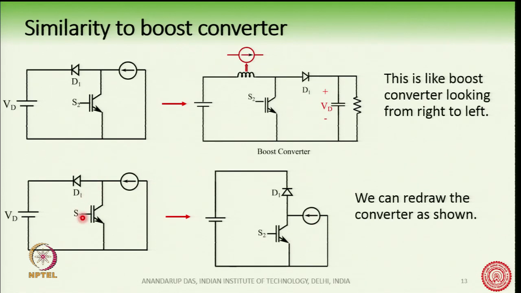The switch, the transistor S2, has now been put down here, and the diode has been redrawn in a slightly different fashion here. So, we have now redrawn the circuit.